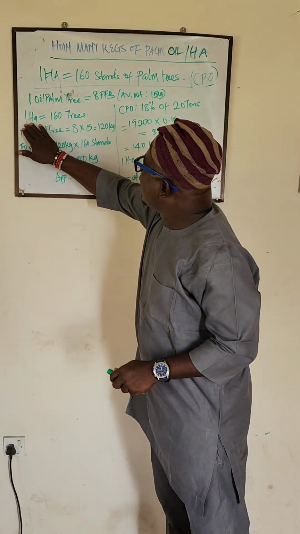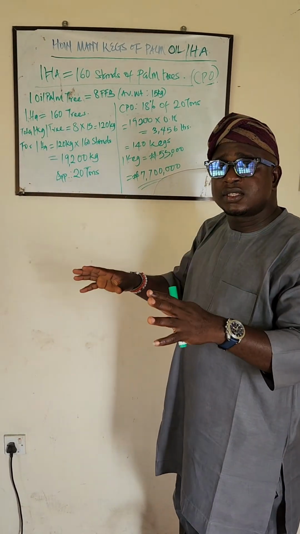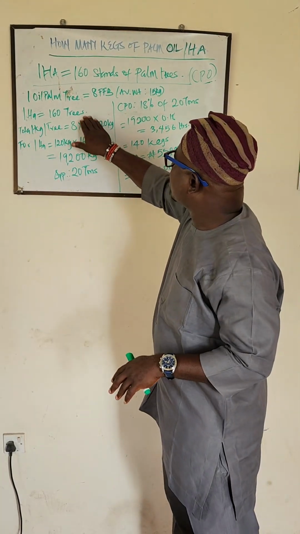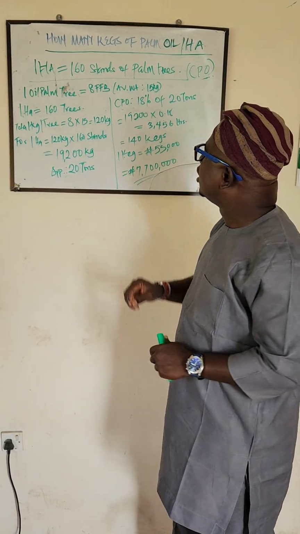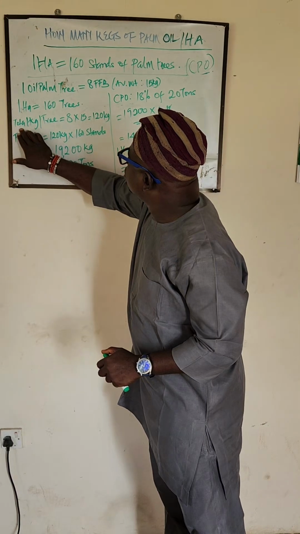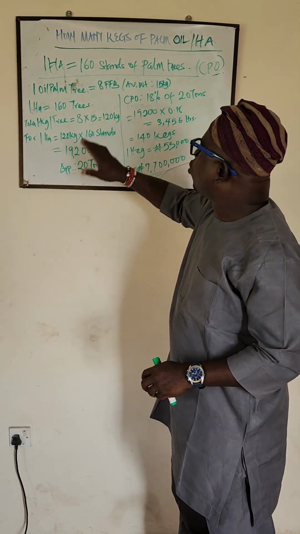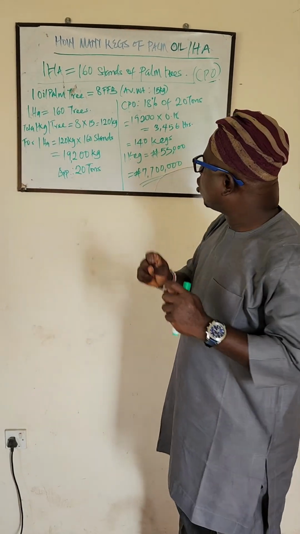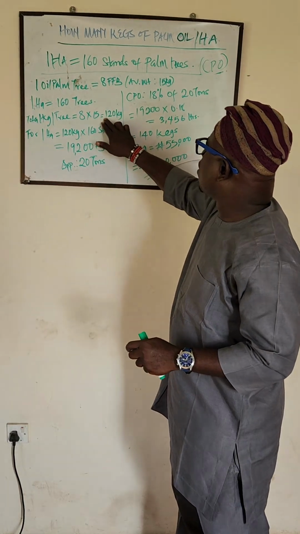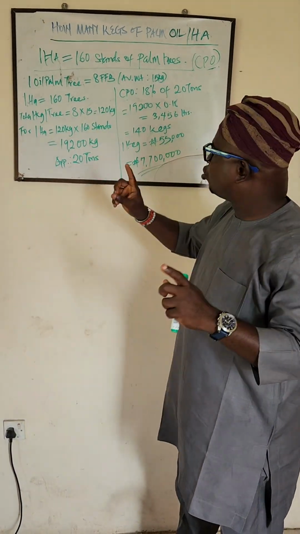For 1 hectare of land, you are expected to plant not less than 160 trees. So for one tree, if you harvest 8 FFB, you get about 120 kg per tree.